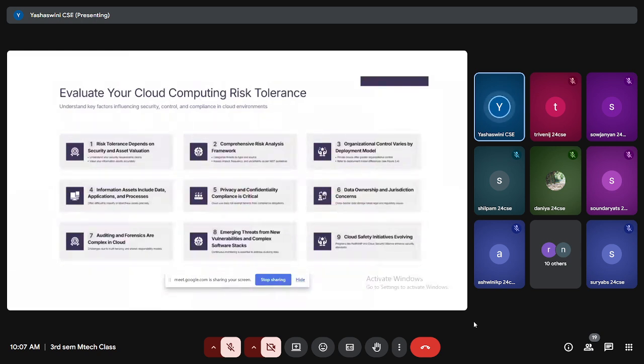Whenever we are evaluating our cloud resources, first is risk tolerance. This risk tolerance will depend on security: how well you understand the security requirements, and how you will access your information, how valuable your information is, that is important.